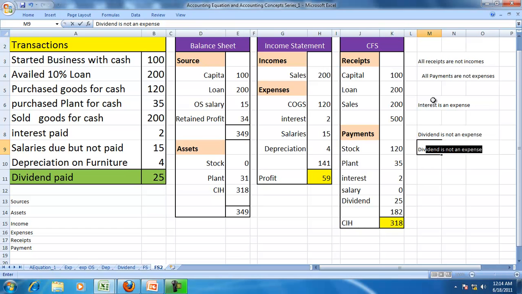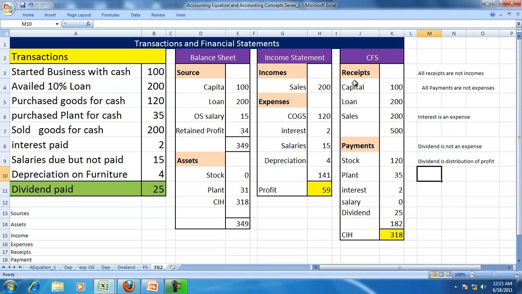Then what is this dividend? Dividend is distribution of profit. So let me summarize it now. Whenever you see the transactions, understand the items as assets or incomes or sources or expenses or payments, and then understand the effect on the financial statements, keeping in mind the principles of accounting or GAAP.